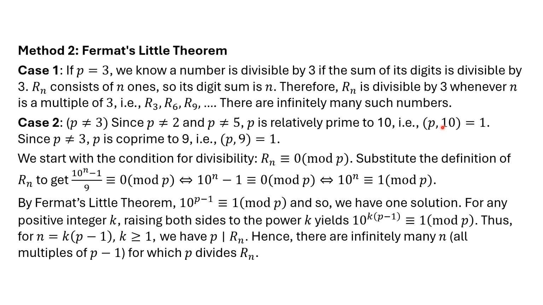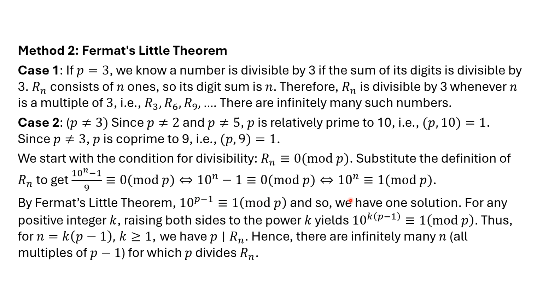And as we mentioned up here, P and 10 are relatively prime, so we can apply Fermat's little theorem, and that tells us that 10 to the p minus 1 is congruent to 1 mod p.